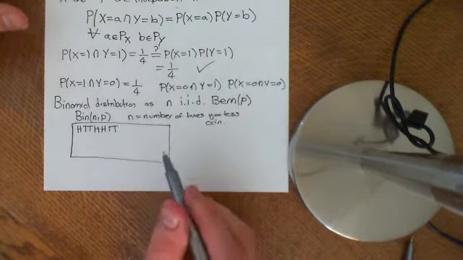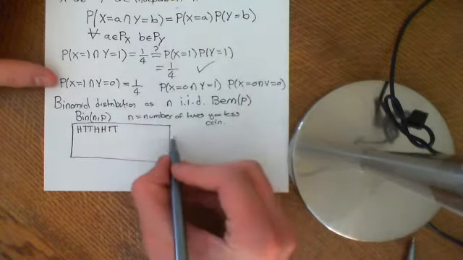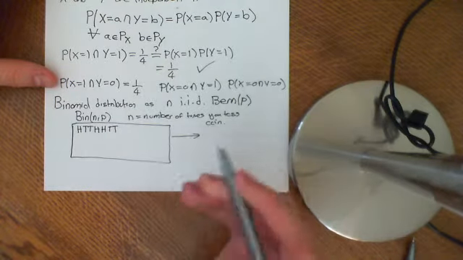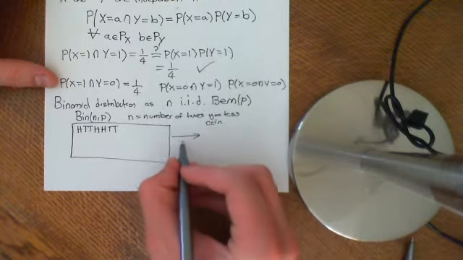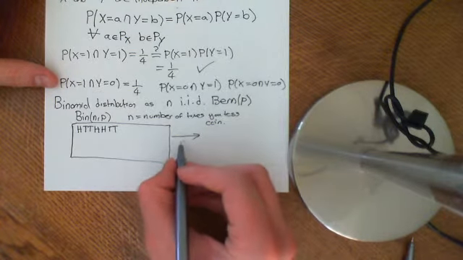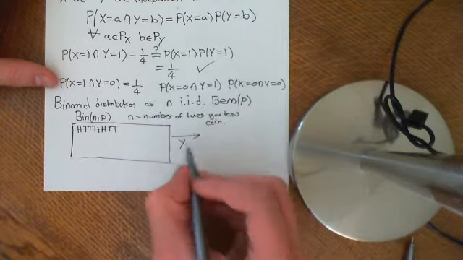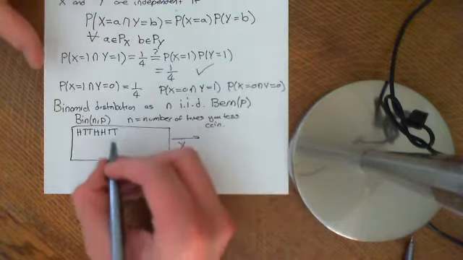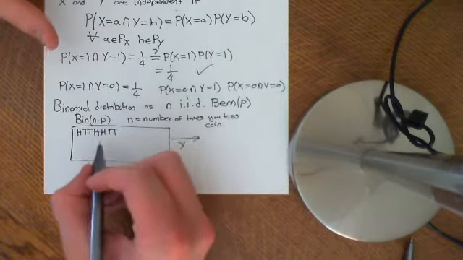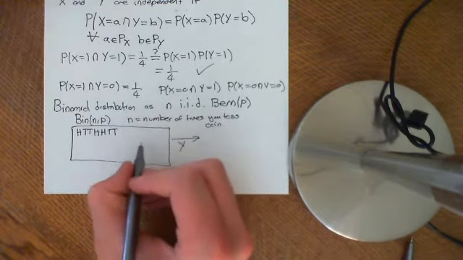So the binomial distribution, if we wanted to map this onto the binomial probability space, what we would do is set up some random variable, let's call it y. Firstly, let's partition this set up into events.